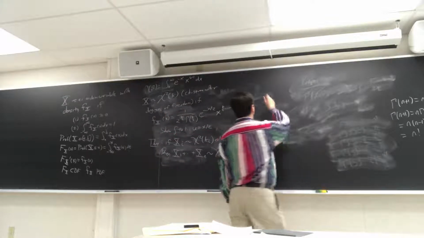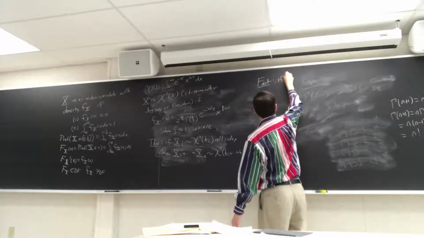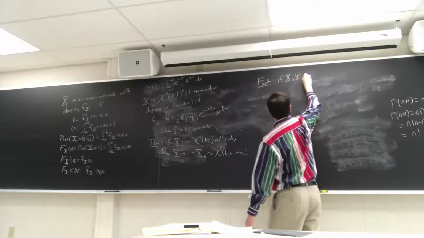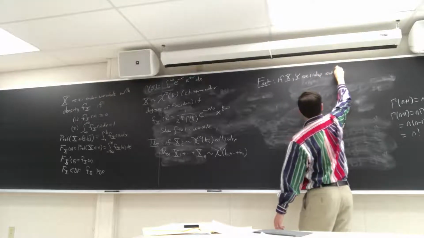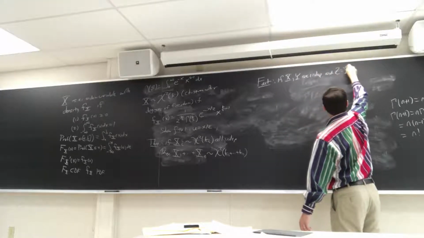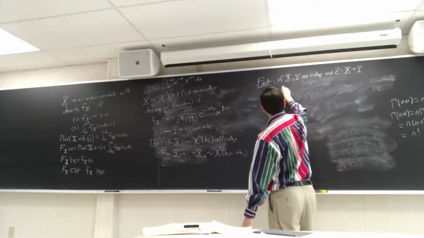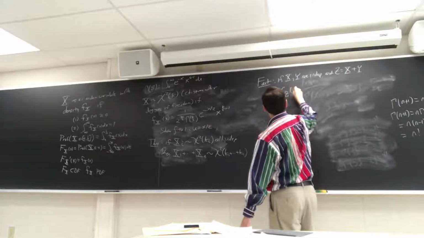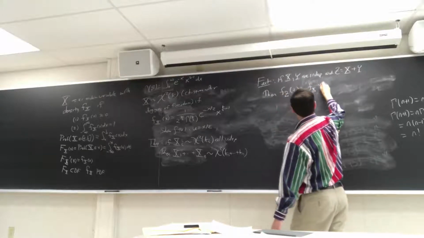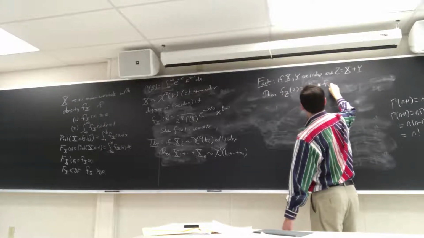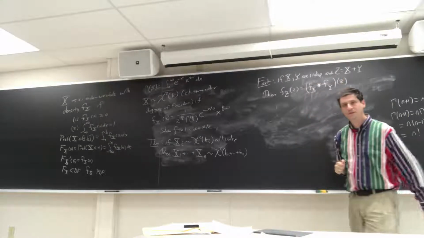To use this, we need the following facts. If x and y are independent, and z is x plus y, then the density of z at some point z is equal to the density of x convolved with the density of y at that point z.